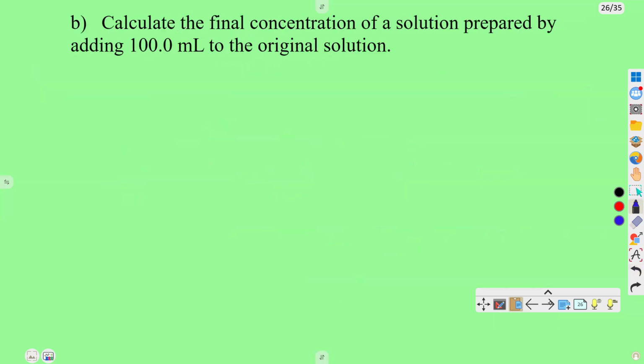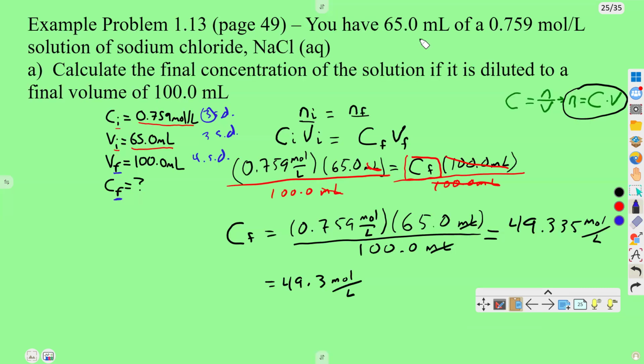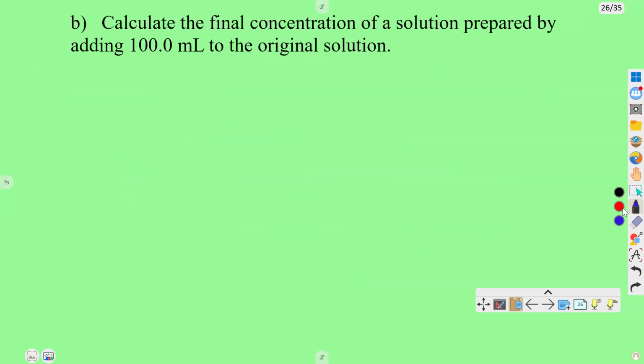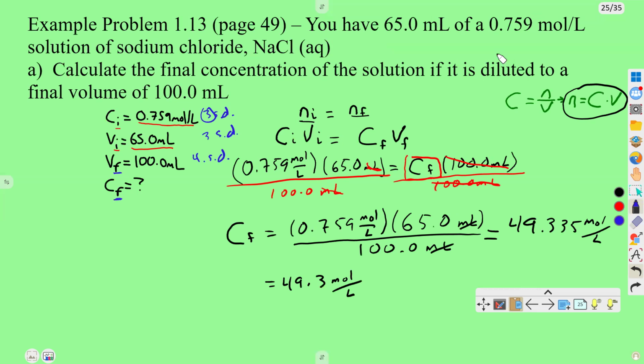Now, this example is just going to find the final concentration of a solution prepared by adding 100 milliliters to the original solution. So our original solution was 65.0 milliliters. There's a few little tricks we want to be careful of in this, because we're talking about adding 100 milliliters to the original solution, whereas in the previous slide, it tells us that we're diluting to a final volume of 100 milliliters.